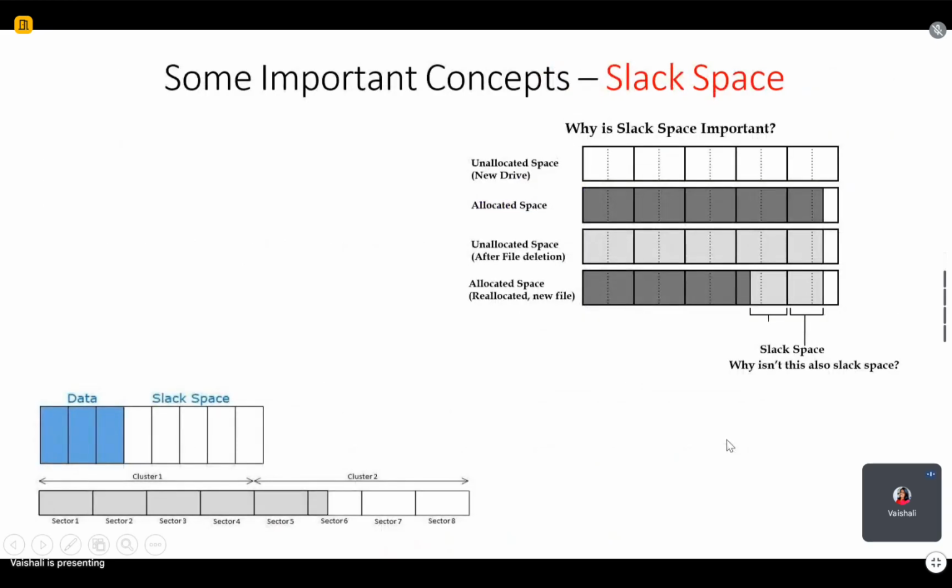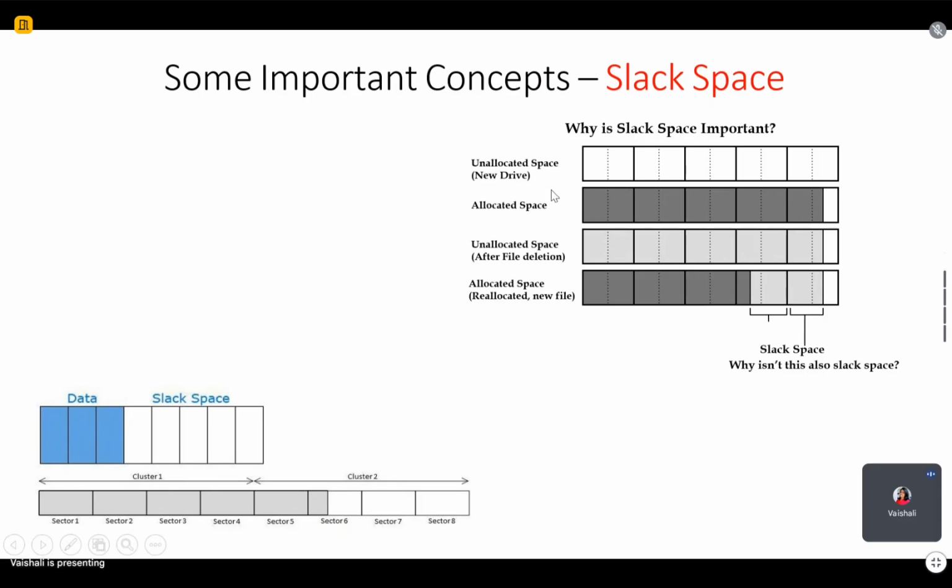Okay, now what is meant by slack space? I told you that slack space is very important to retrieve your deleted files. As an example, this is your new drive, or the sectors where the data is not there. When you copy some files to your memory, suppose you have a C drive or a D drive, and you copy some folder on the D drive.